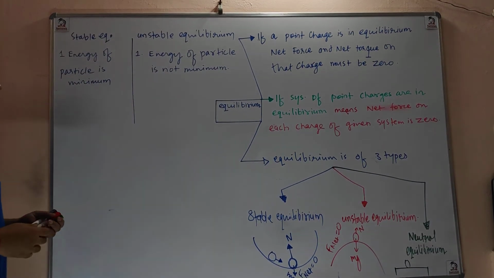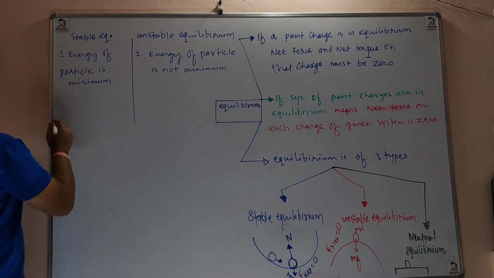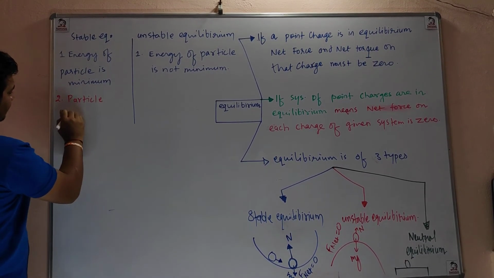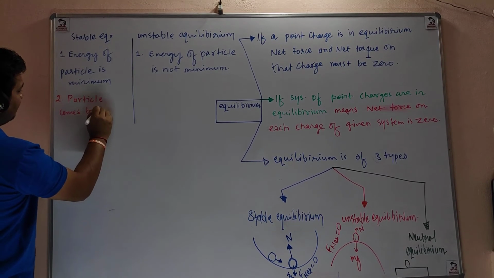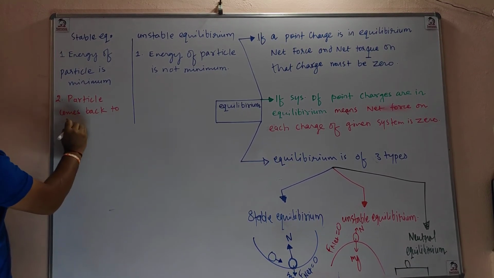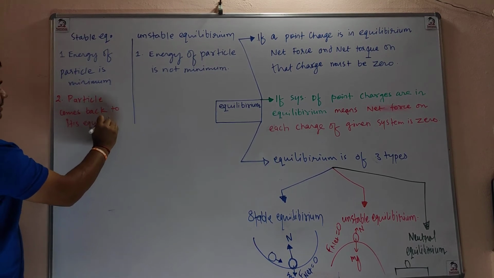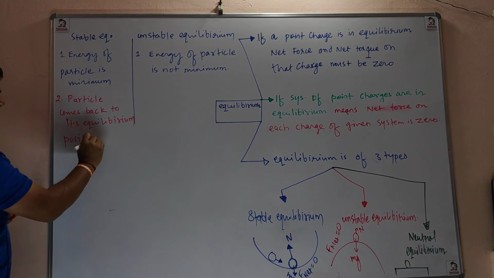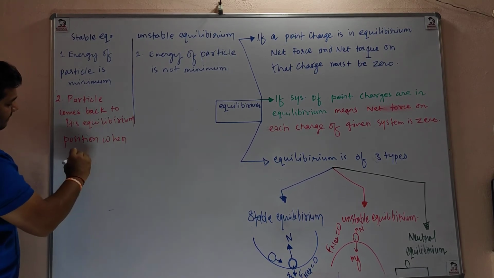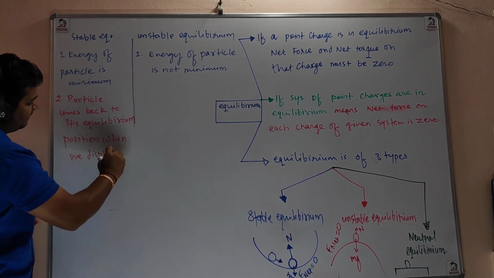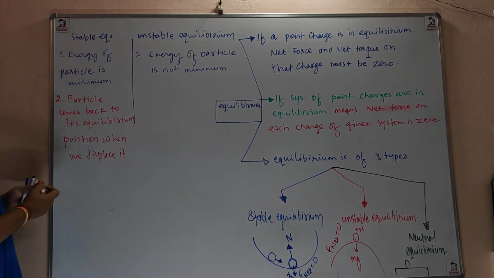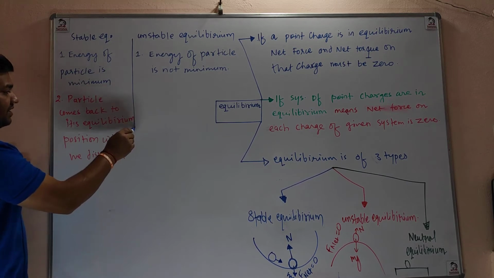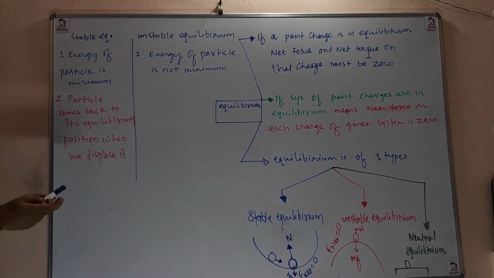And the second point: the particle comes back to its equilibrium position when we displace it from the equilibrium position, and when we displace the particle from its unstable equilibrium position, it will never come back to its original position.